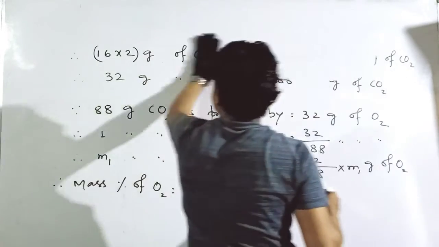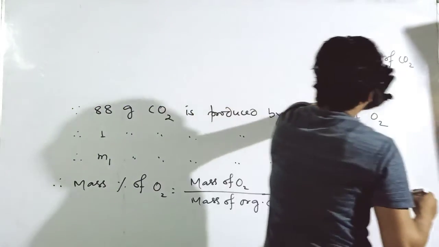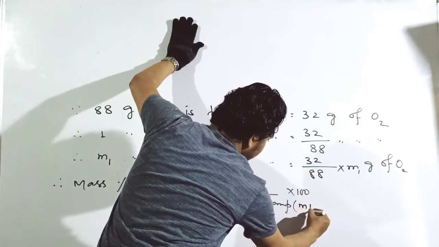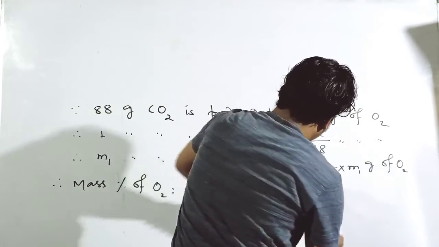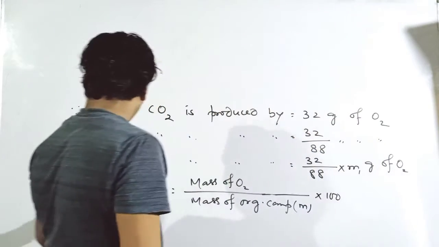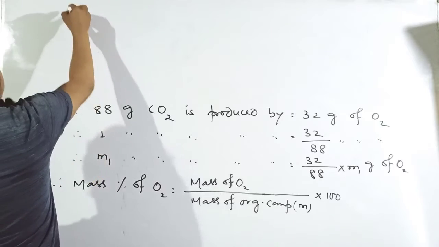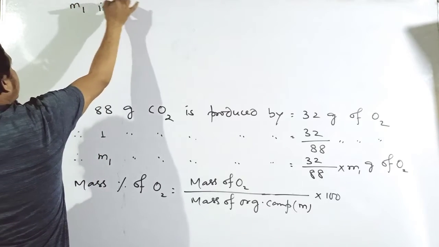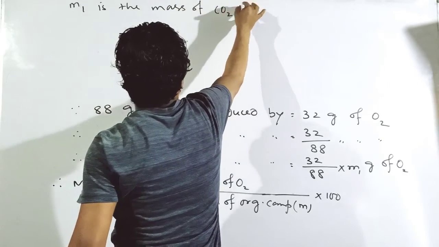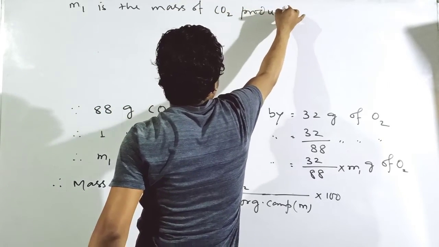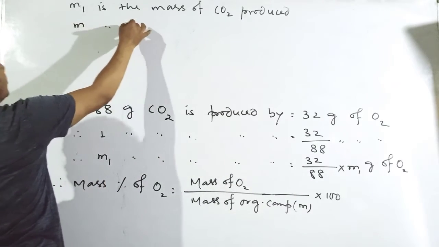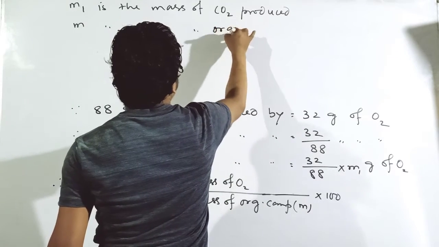Let the mass of organic compound be M, and M1 is the mass of CO2 produced.